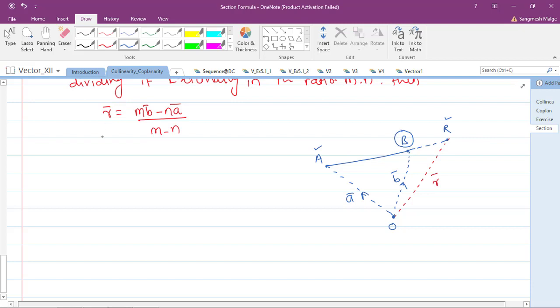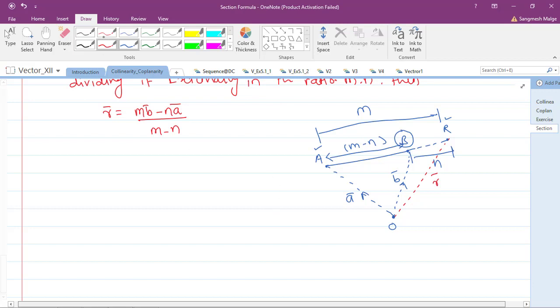But in this theorem, this part is m and this part is n. So what will be AB, this part? It is total m and this is n, so it will be m minus n.